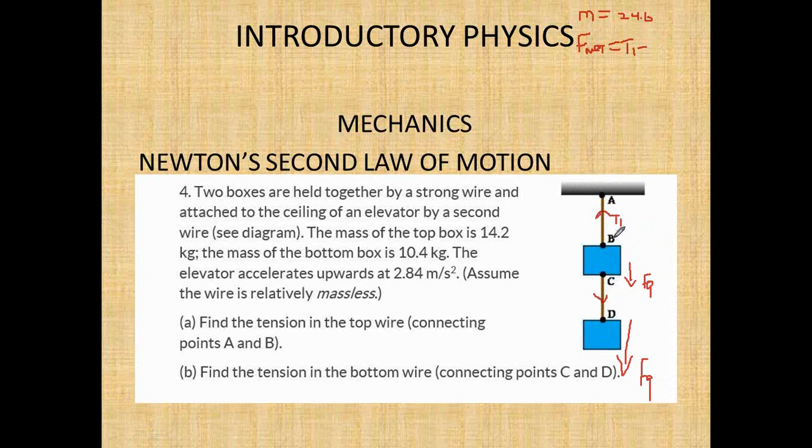And the force due to gravity is equal to the mass. So the combined mass is 24.6 times the acceleration due to gravity.